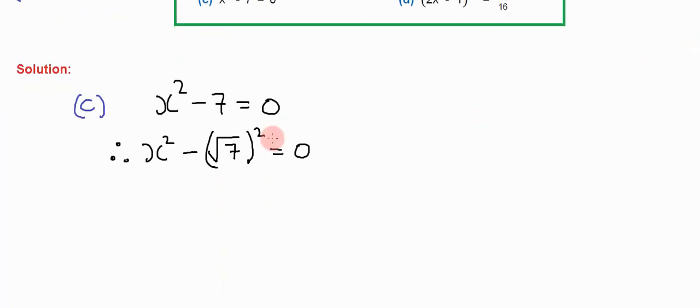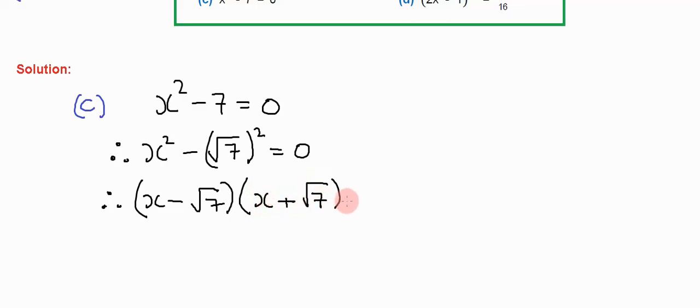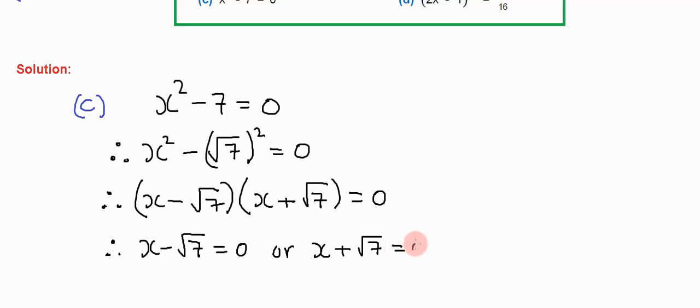Now we have a difference of squares, and we can factorize it as such. So the square root of the first term, which is x, minus the square root of the second term, which is square root 7, then times x plus the square root of 7. Then using the zero product rule, we know that x minus the square root of 7 must be 0, or x plus the square root of 7 must be 0.